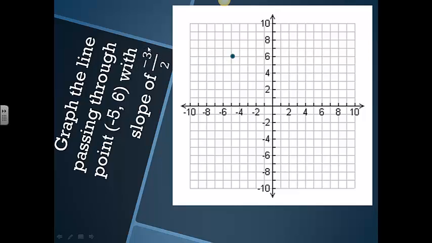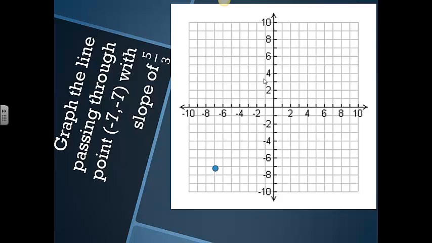This first number, negative 3, tells me if I'm going to move up or down. Since it's negative, I'm going to move down. So I'm going to move down 1, 2, 3. And then I have a run of 2, and that's a positive, so that means that I'm going to move to the right 2. 1, 2. So now I have 2 definite points, and then I just connect them with a line. So I have graphed that line.